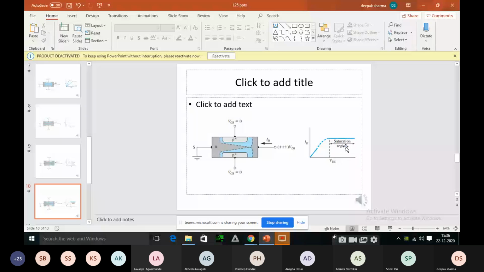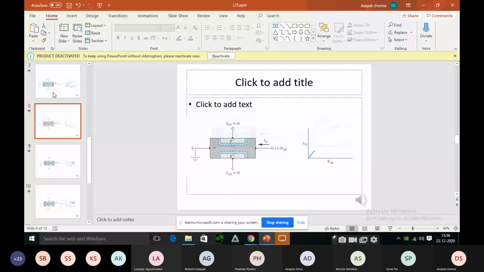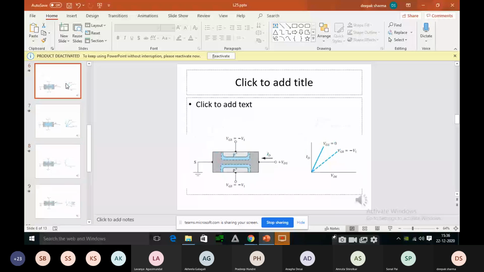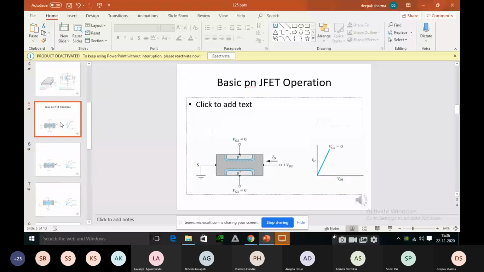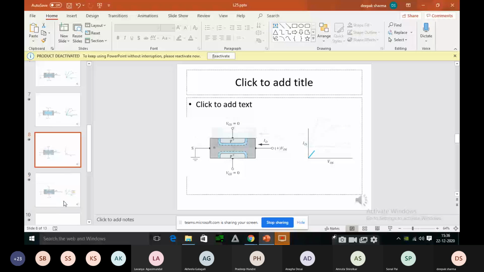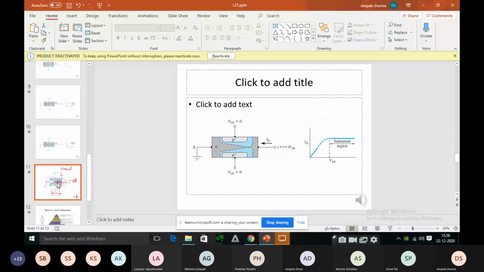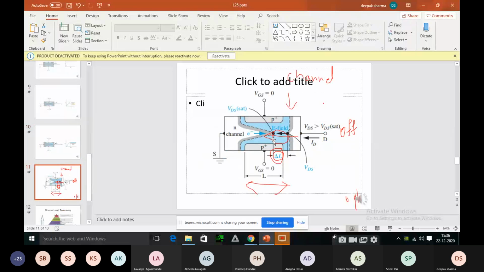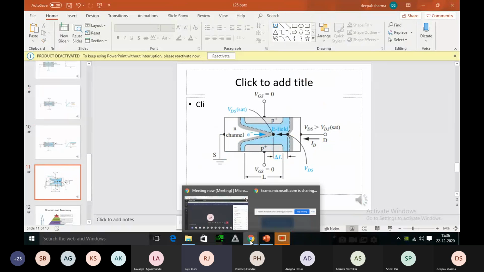Understanding? Yes, sir. Okay. So all the diagrams are very, very important. All the diagrams will have 1 mark each. So starting from here, 1, 2, 3, 4, 5, and 7 diagrams are there.